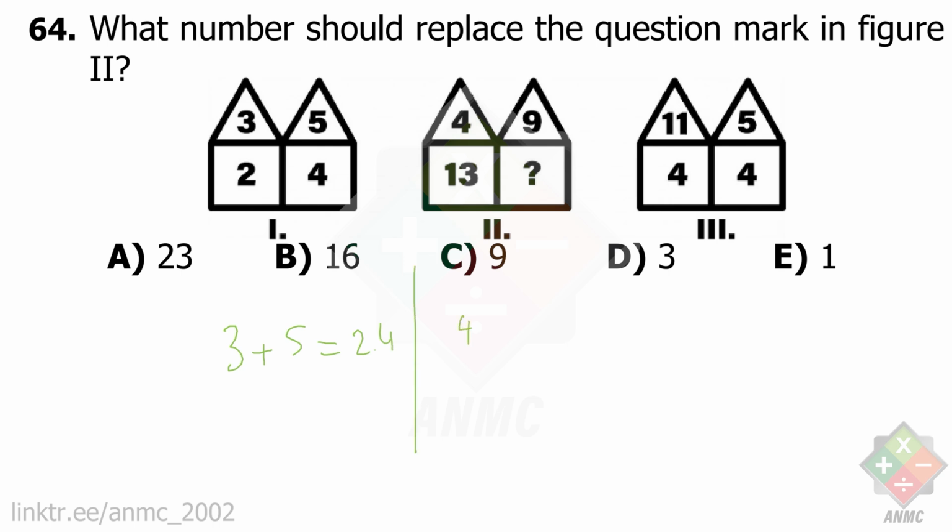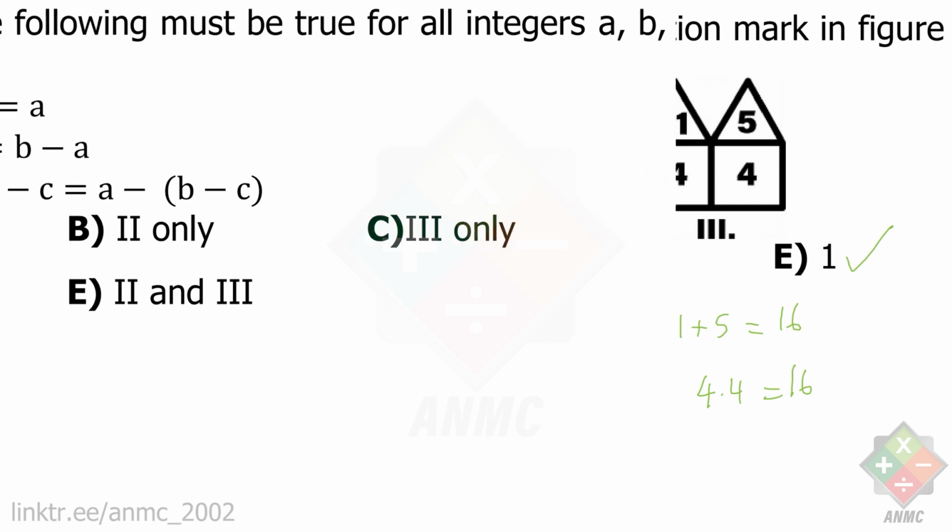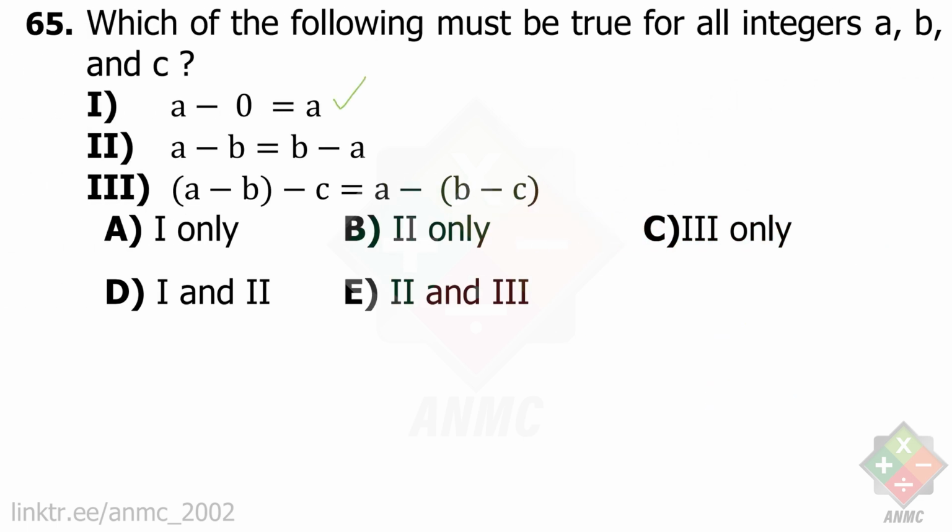And 4 plus 9 is equal to 13. 13 times 1 is equal to 13. Let's check if it's true. 11 plus 5 is equal to 16. 4 times 4 is equal to 16. This means our number is 1. The answer is E.